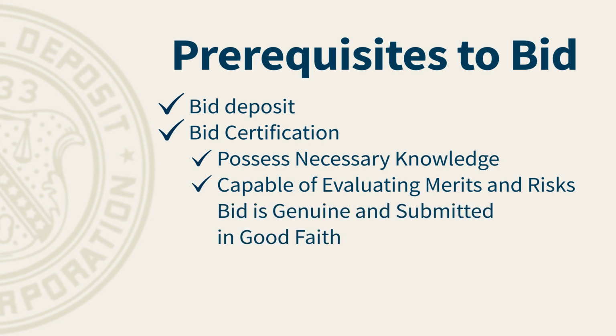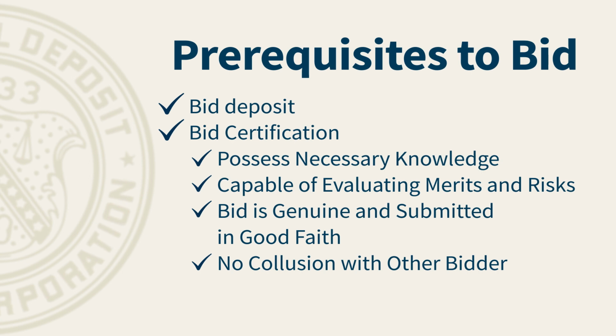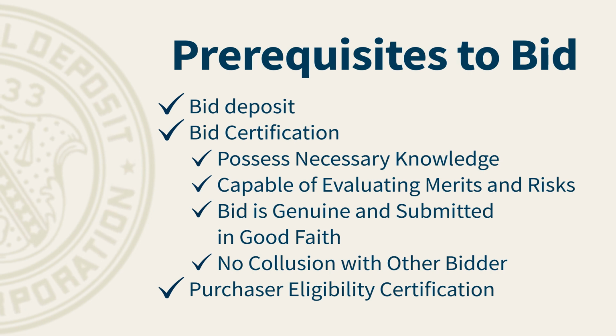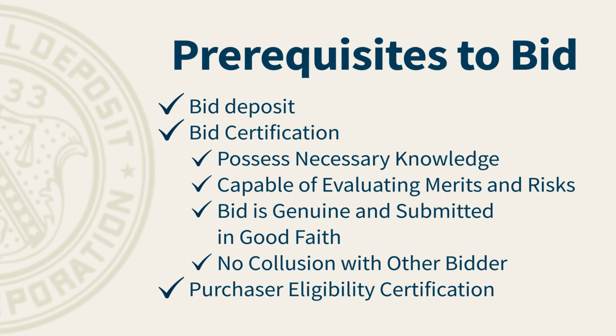The bidders also certify their bid is genuine, submitted in good faith, and that they have not colluded with any other bidder. Finally, the bidder must execute a purchaser eligibility certification, in which bidders certify that they are eligible to purchase loans from the FDIC under the laws, regulations, and policy that govern the sales.